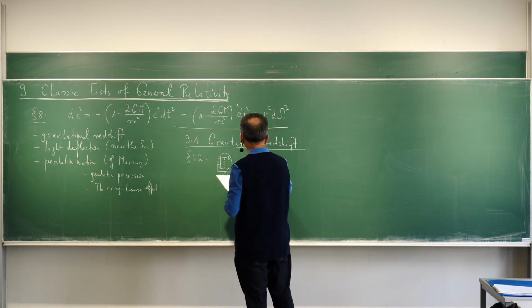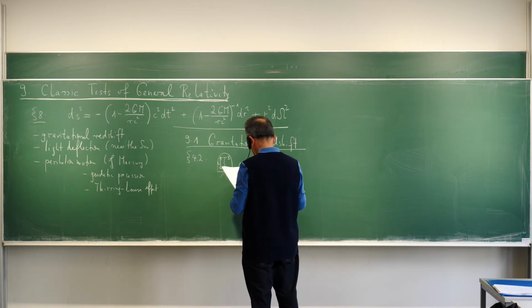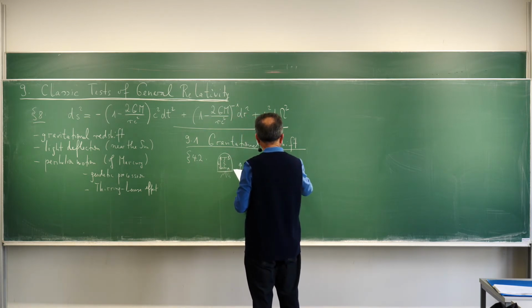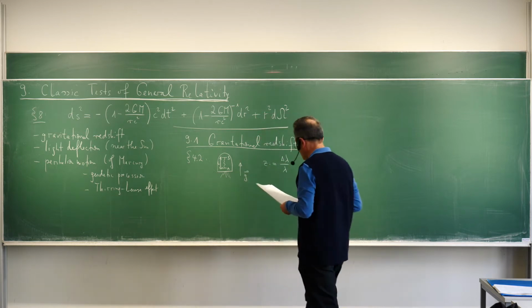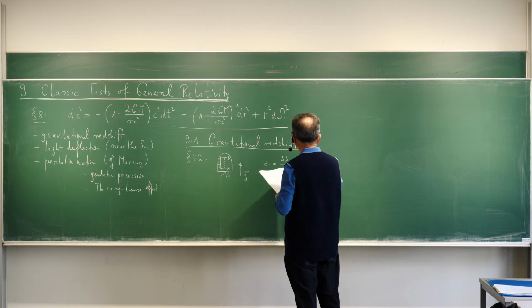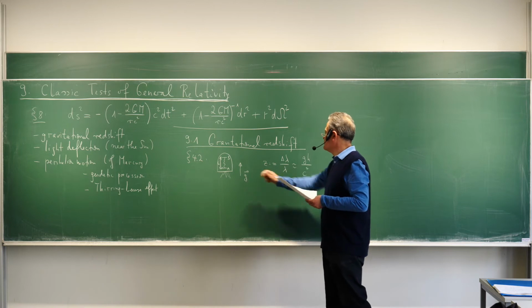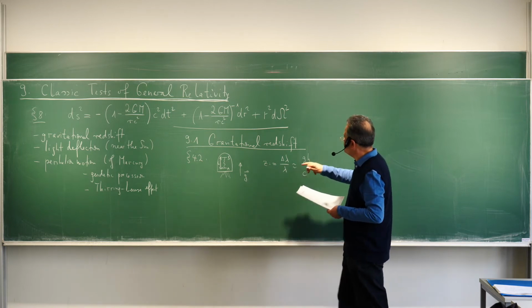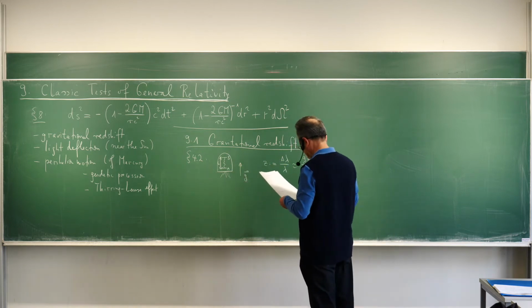And this is then the gravitational redshift z, which is defined as always the change of the wavelength over the wavelength, and we have found that this is g h over c squared, where g is the absolute value of the gravitational acceleration and h is the height.